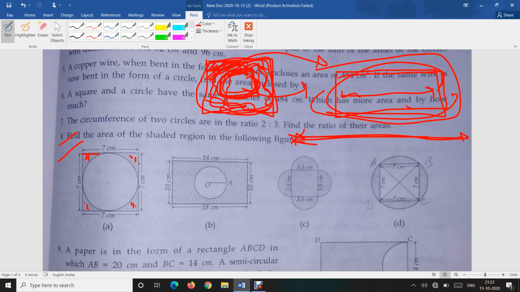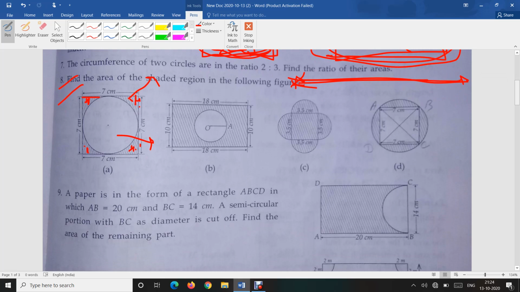So first of all you have to find out the area of the bigger portion, that is square, and after that the area of the smaller region, which is circle. After that you can subtract the smaller area from the larger area, and in this way you can find this shaded portion, meaning the remaining portion.